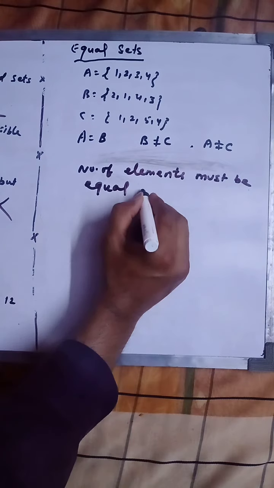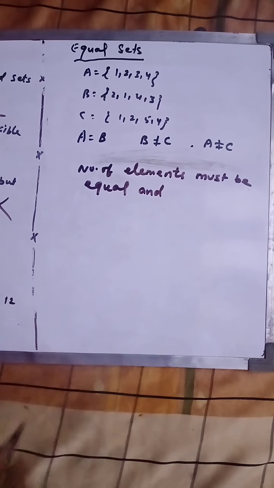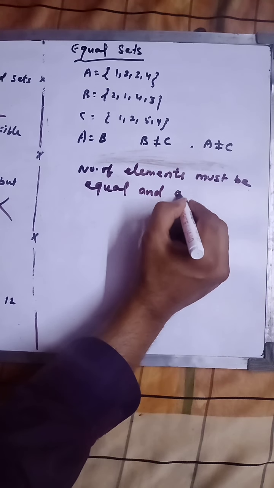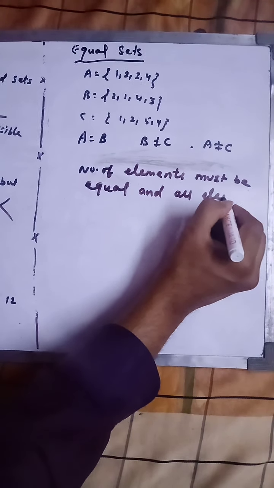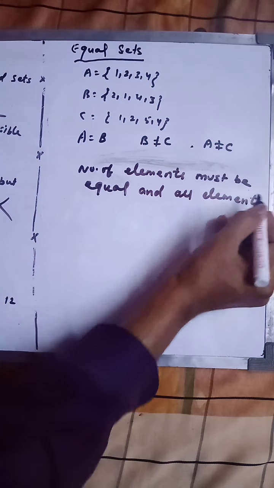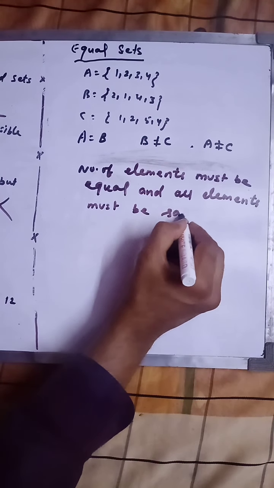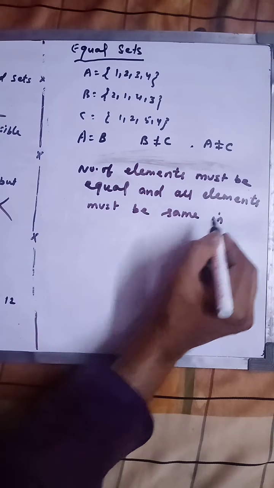The number of elements must be equal and the elements must be the same in any order.